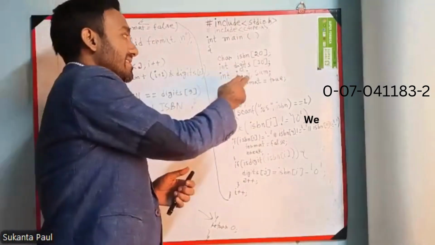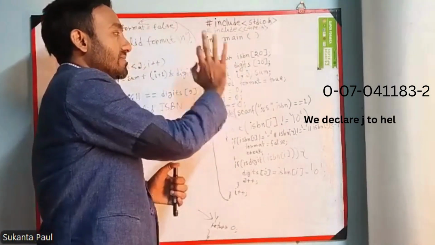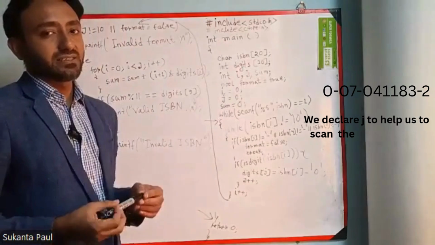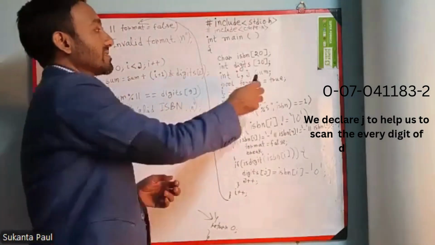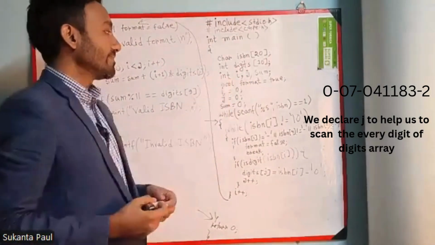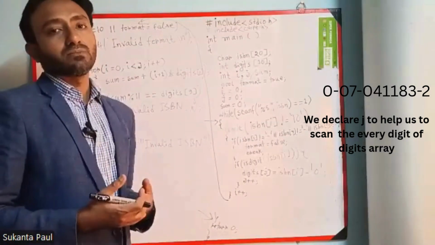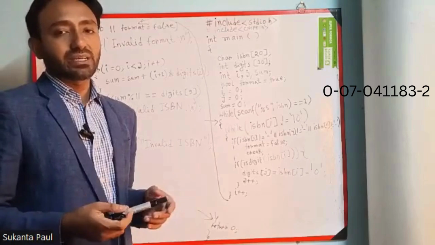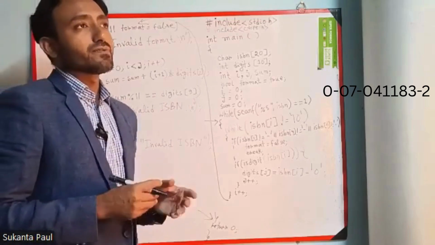So j works for the position in the digits array, and sum is also an integer variable. Here we see that it can be an invalid format. When can it be an invalid format?